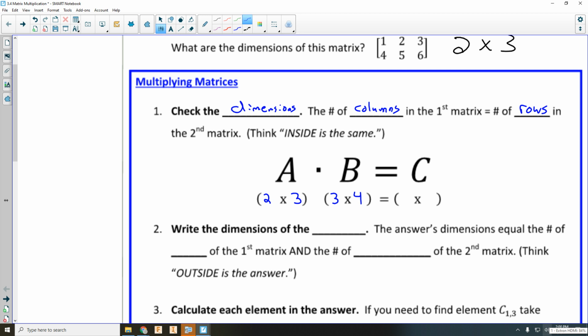In order to multiply two matrices, the insides have to be the same. The answer's dimensions will be the number of rows of the first matrix and the number of columns of the second matrix. So if I had a 2 by 3 multiplied by a 3 by 4, my answer would be a 2 by 4.